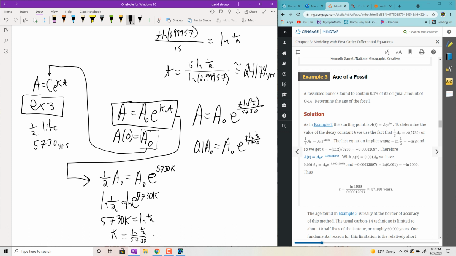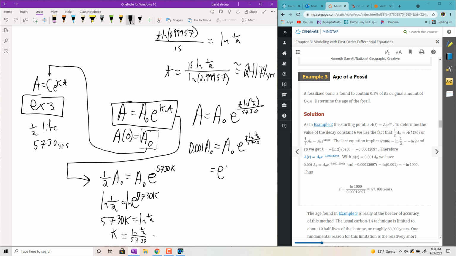So you just set it up like that. Divide by A sub 0, and then you could solve for t. So you get 0.1 equals e to the, and it should be 0.01. I apologize. I have to convert that. Moving the decimal 2 places to the left, I guess I get 0.001.